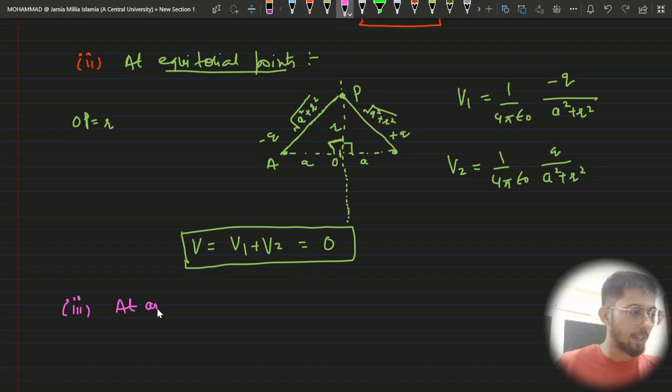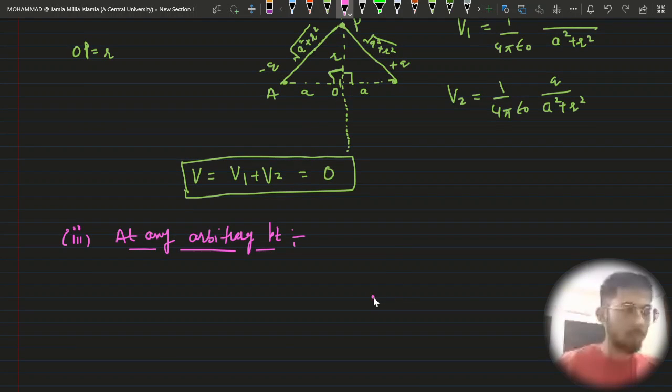At any arbitrary point. Arbitrary means the point that is neither on the equatorial line nor on the axial line. So for example, if this is a dipole, the general point can be something like here.